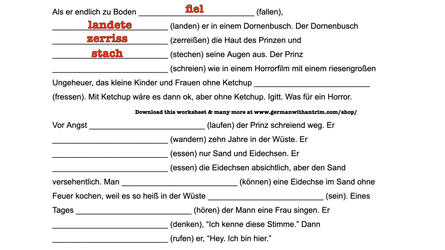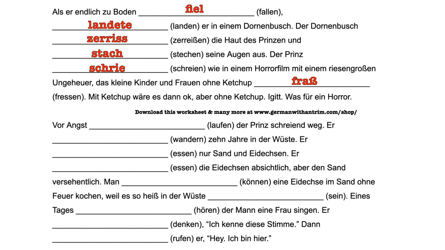Der Prinz, and a form of schreien. Schreien is going to switch the i and the e around, and so we end up with schrie. Der Prinz schrie. The prince screamed. Wie in einem Horrorfilm mit einem riesengroßen Ungeheuer, das kleine Kinder und Frauen ohne Ketchup, and the verb fressen again. This is the same form we used for fressen earlier. We used fraß.